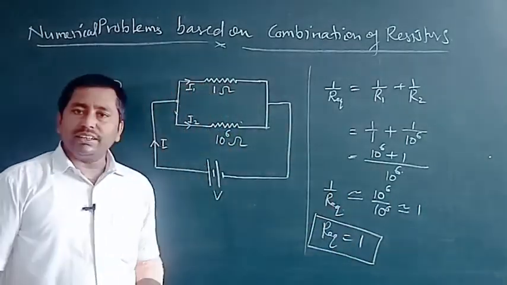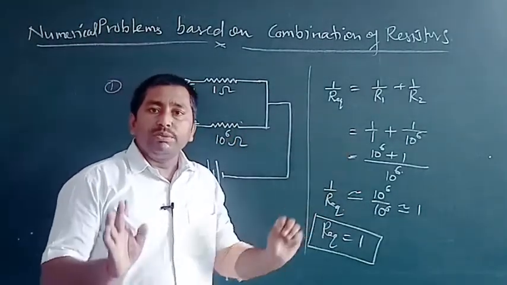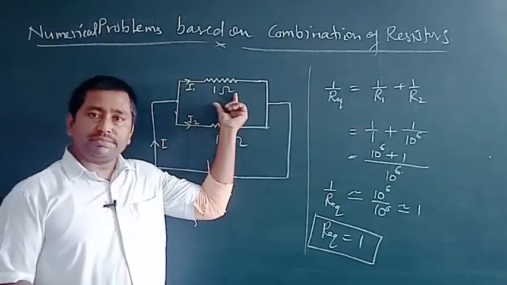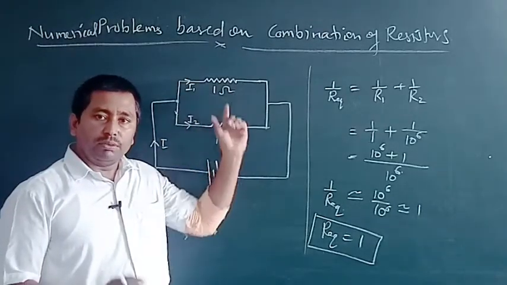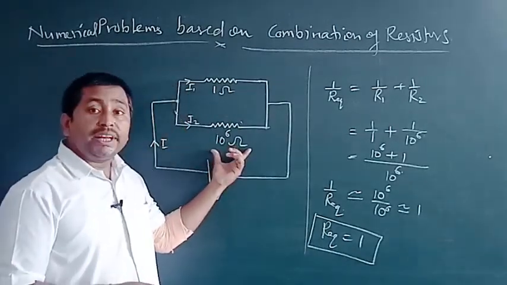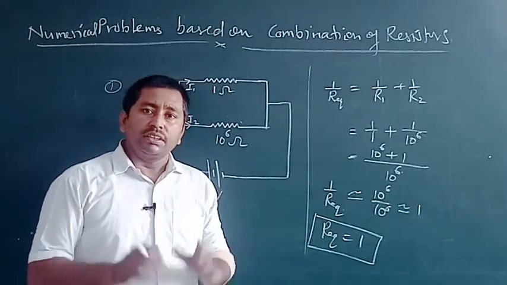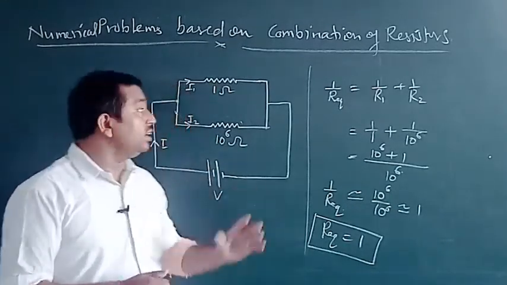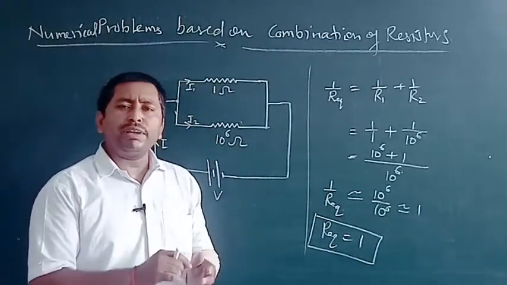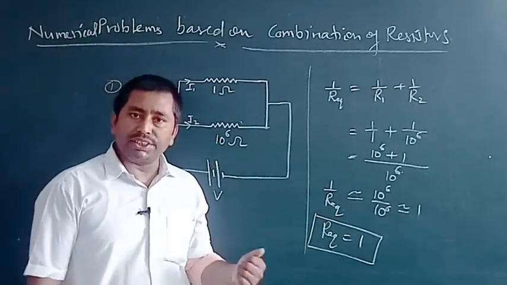So from here, by working with the formula, we found that when a very small value resistor is connected in parallel with another resistor of a very high value, then the parallel combination of both resistors becomes very small and is nearly equal to the smaller value of the combination.